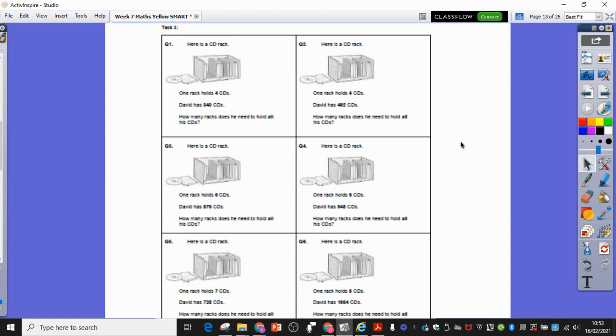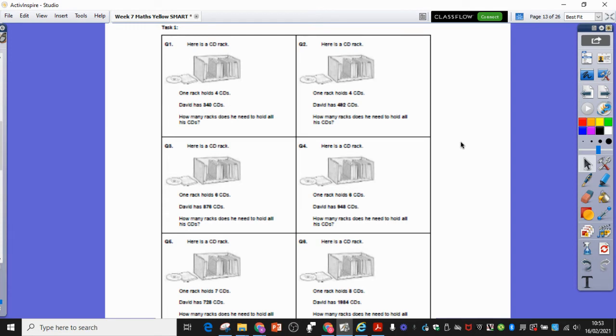When you've done the 3, if you've got all 3 correct first time, you move on to task 2. If you're still a bit uncertain, stay on this task and practice that method a few more times until you feel confident. But then it's important that you move on to task 2, because I'm going to show you how to deal with remainders.